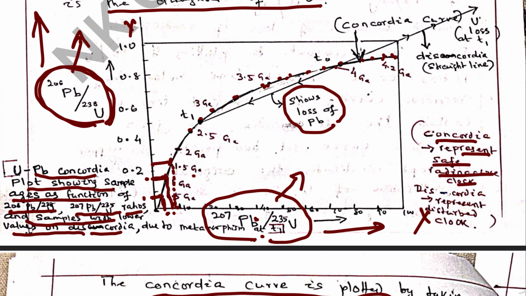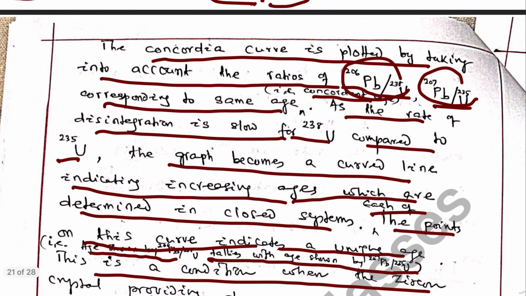The Concordia line indicates the locus of points having different ages corresponding to the Pb uranium ratios, whereas the Discordia line indicates a time when metamorphism took place and the temperature became more than Tc, the closure temperature, as a result of which some amount of Pb is lost from the system with immobile uranium.